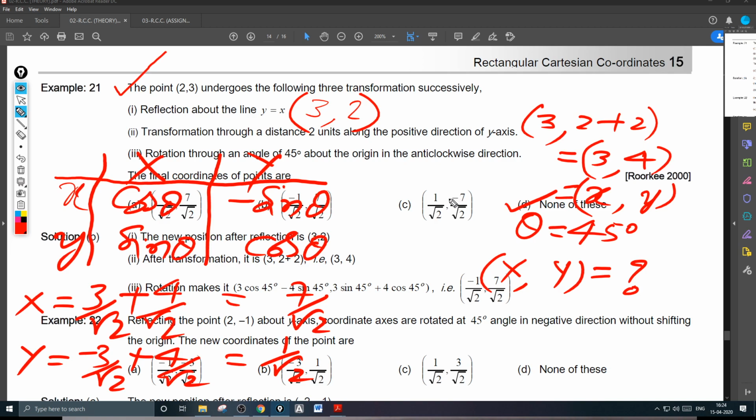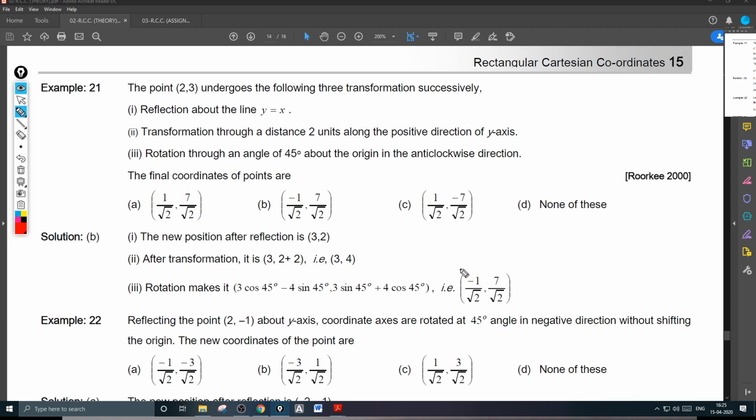Where you are saying, Arun, minus 3 will not come. Okay, remove it. Just check. I think even though the answer is given to be minus 1 by root 2, 7 by root 2 here, I don't think that is correct.